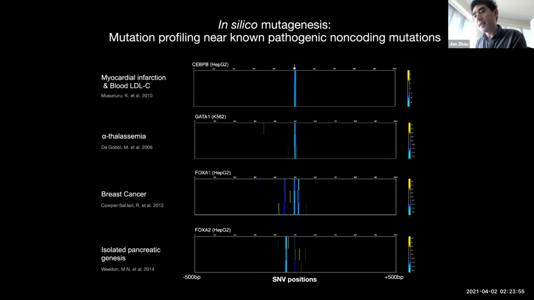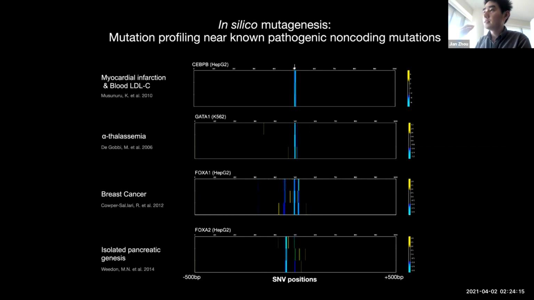And what we see is that not just the known mutation has the impact that's reported in affecting this transcription factor binding. We also predicted many other mutations surrounding this site that have similar or even stronger effect.